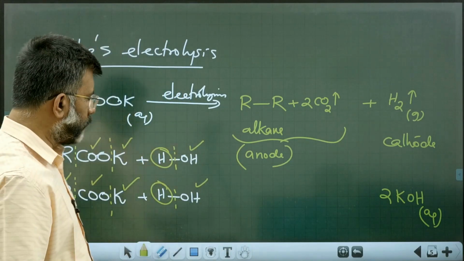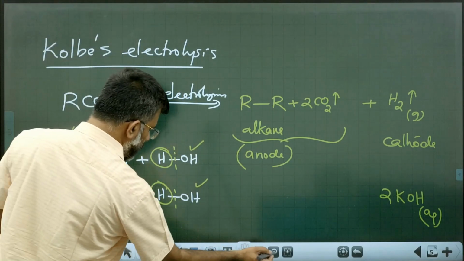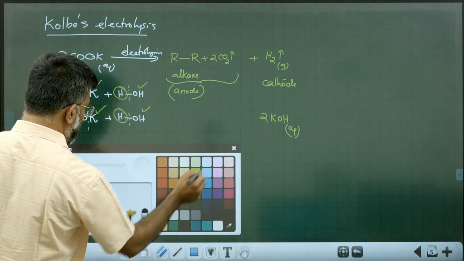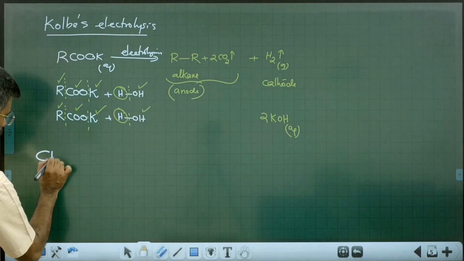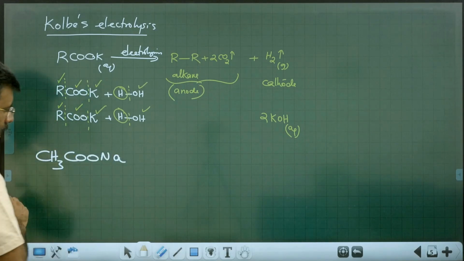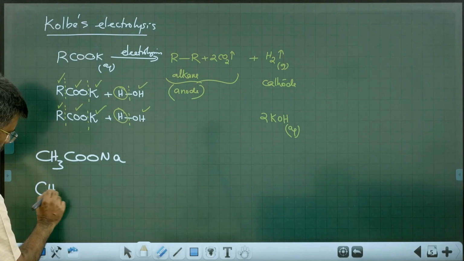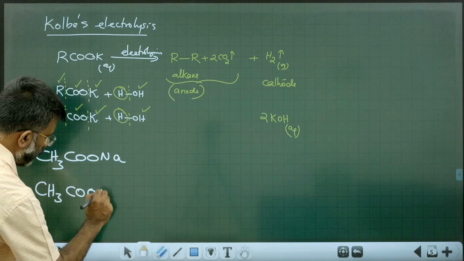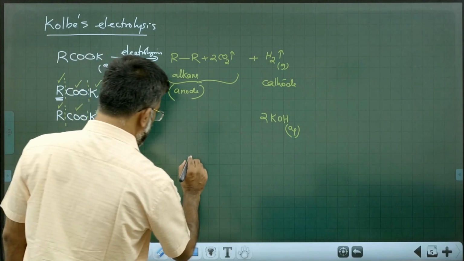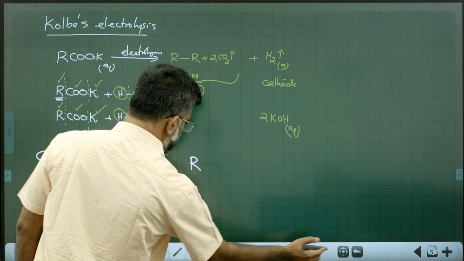Let me explain with one example. Suppose I am taking sodium salt of acetic acid, CH3COONa, very simple. In the place of R, we have CH3. So what is the product at anode? The product at anode is RR.